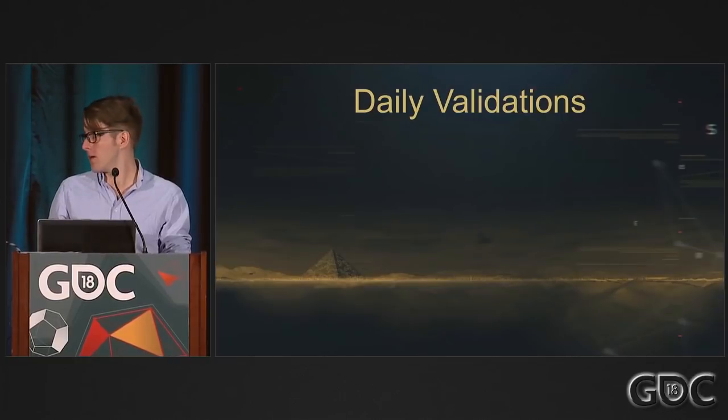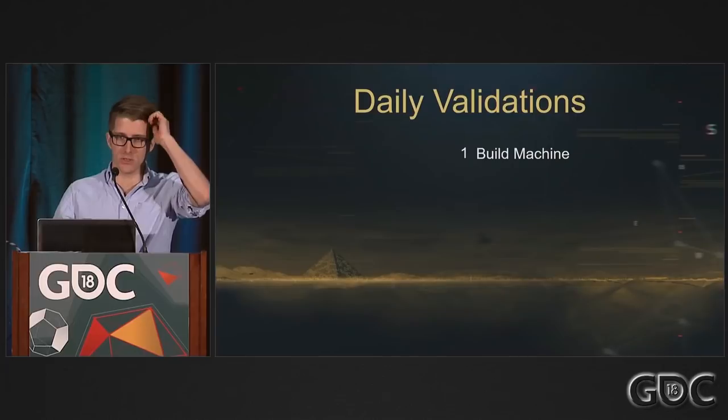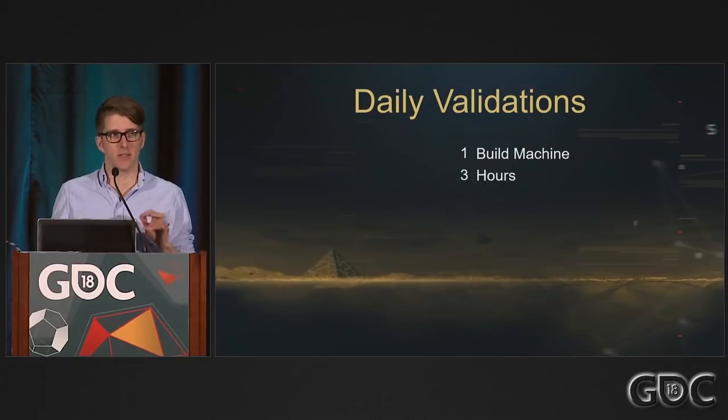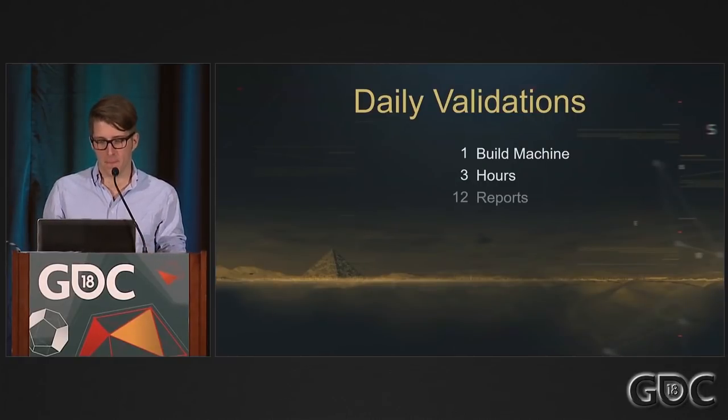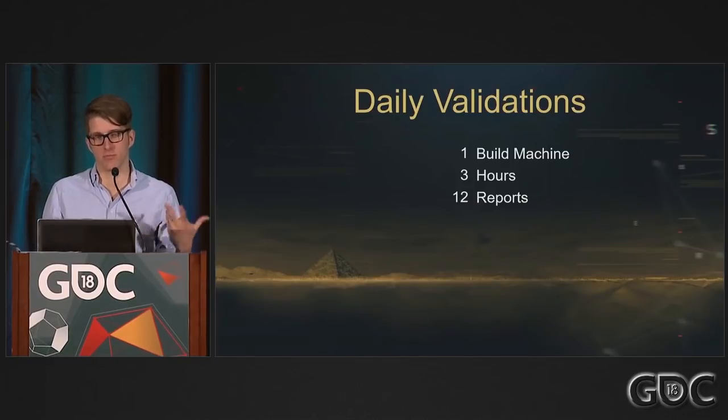So a few stats about the system. This system runs on 1 build machine, and it takes 3 hours to execute. Most of this time is spent loading the game world, actually. Running the tests is super fast. We generate 12 reports from there, which are in our 3 broad categories of tests.